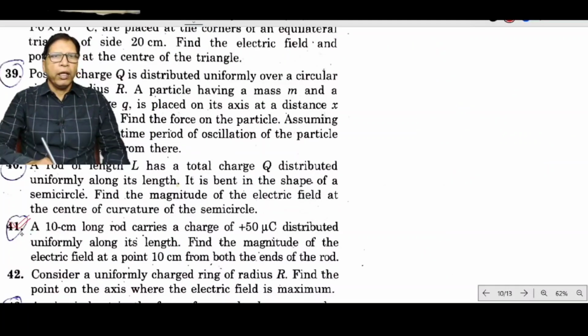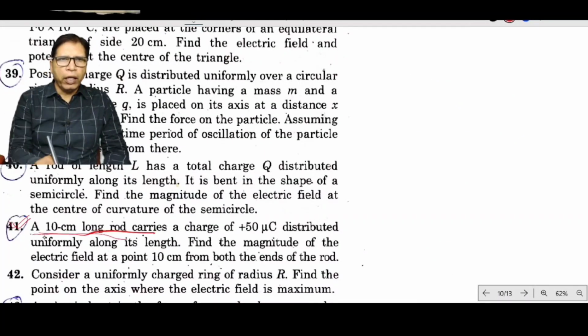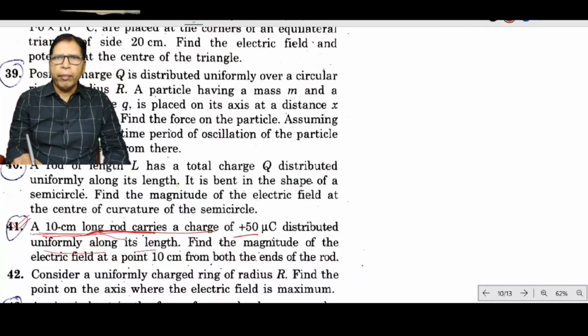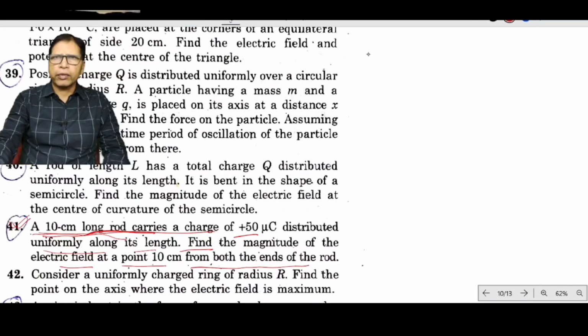Okay. Now question number 41. A 10 centimeter long rod carries a charge of 50 microcoulomb distributed uniformly along its length. Find the magnitude of the electric field at a point 10 centimeter from both the ends of the rod. Okay, look at this. This is a charged rod.